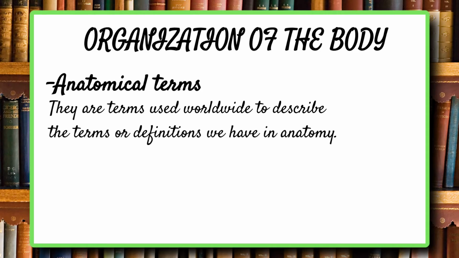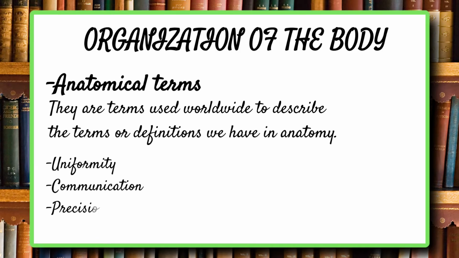So anatomical terms are just terms that are utilized in the study of anatomy to ensure that there is uniformity, clear-cut communication, preciseness, and unity in all our descriptions in anatomy.